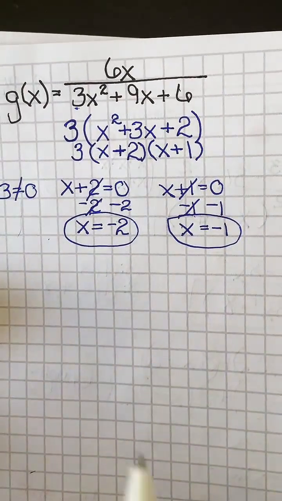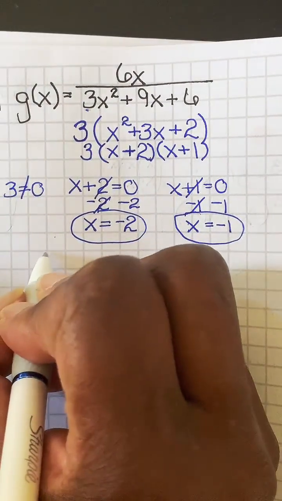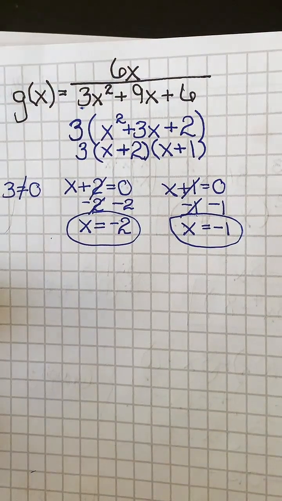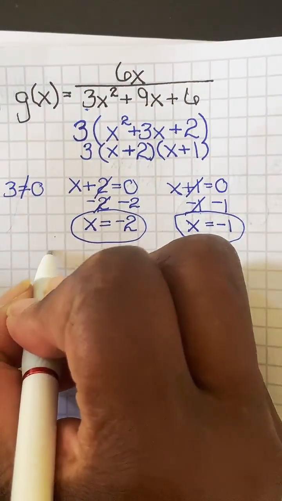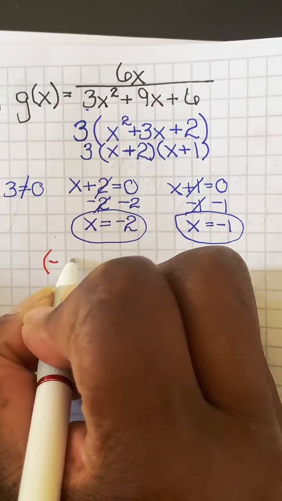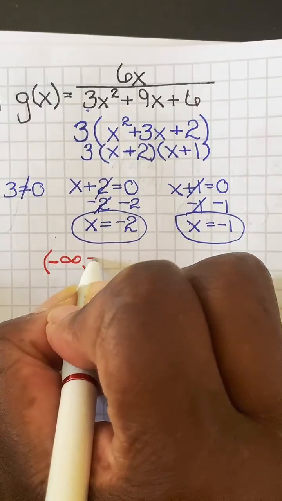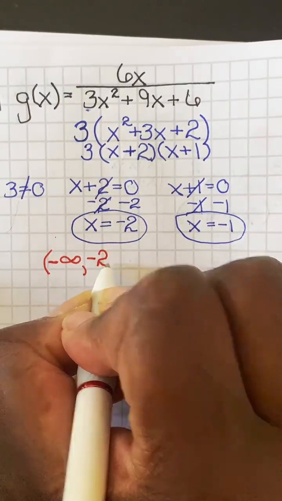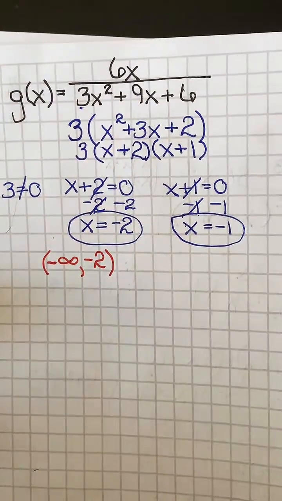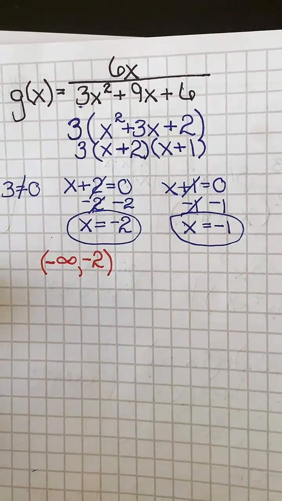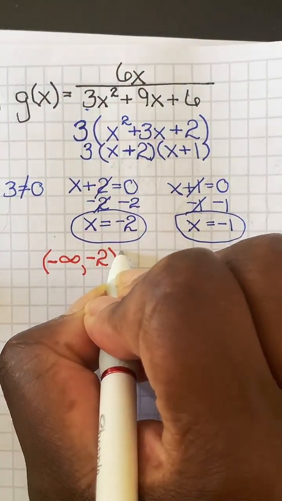So how I would write this is I always start with my lowest number. So you would go with -infinity to -2. And none of this should be a bracket. None of it. Okay? Then we're going to set our union.